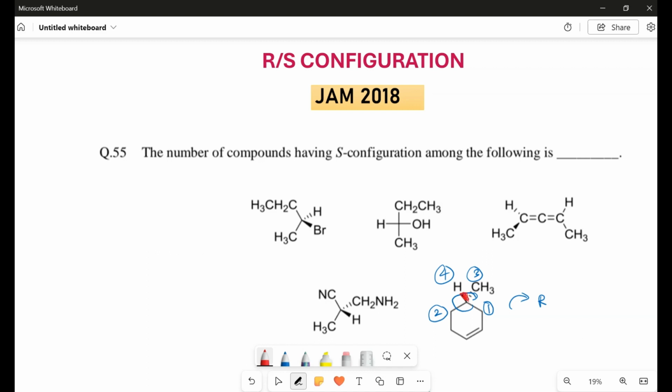So whatever configuration you get is a wrong configuration, because while assigning configuration, the least priority should be away from us. So R is the wrong answer. S is the correct answer. So compound 1 is S configuration, compound 2 is R, compound 3 is S, compound 4 is S, compound 5 is S. So among the 5 compounds, 4 compounds have S configuration, therefore the answer is 4.